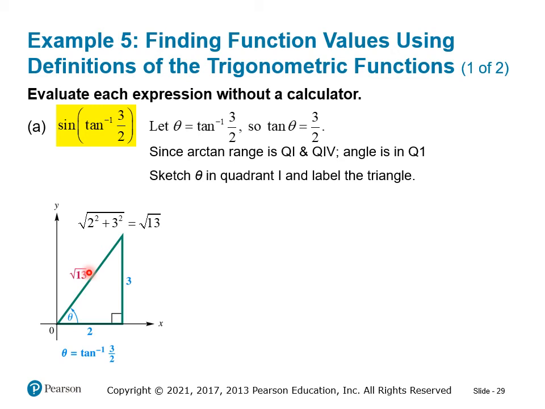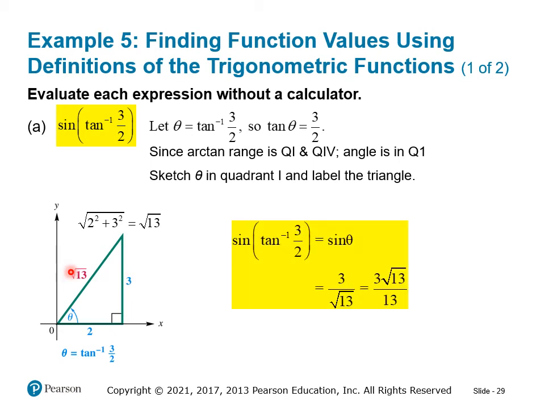Once we have the triangle figured out, the sine of theta is easy because sine equals the opposite over the hypotenuse. We get 3 over the square root of 13, or multiplying the numerator and denominator by square root of 13 to rationalize, we get 3 times the square root of 13 over 13.